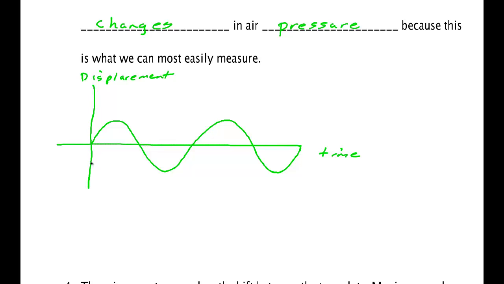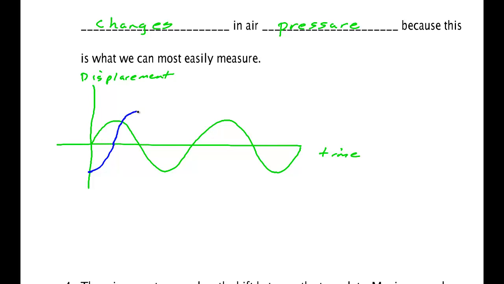And what's interesting about this is that when you have a node in the displacement, you have an antinode in the pressure. So the pressure will be a maximum or minimum, and then it will come up so that it's a node when the displacement's maximum.